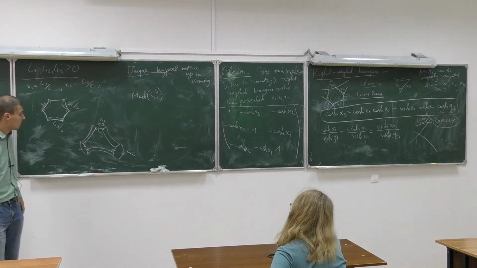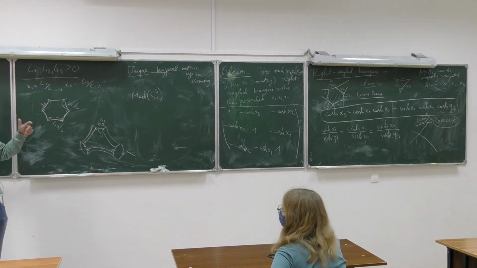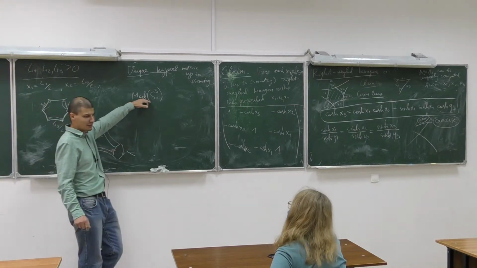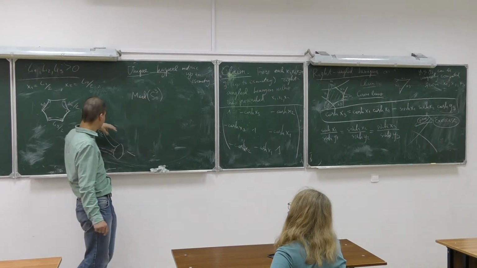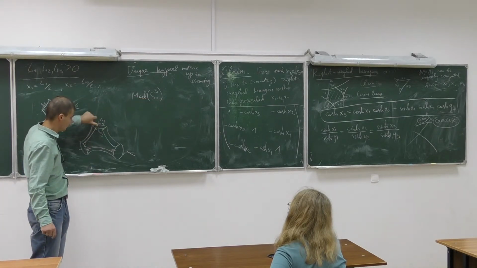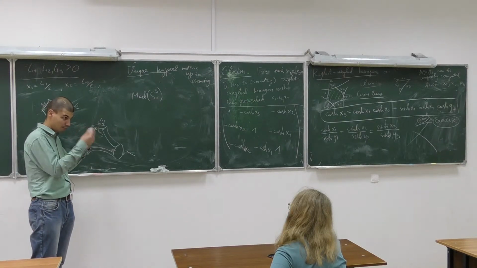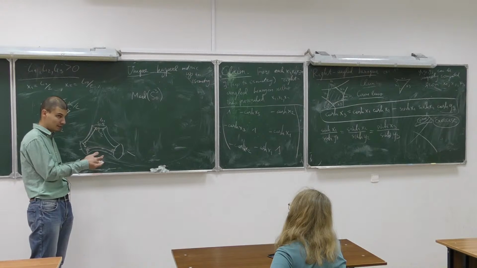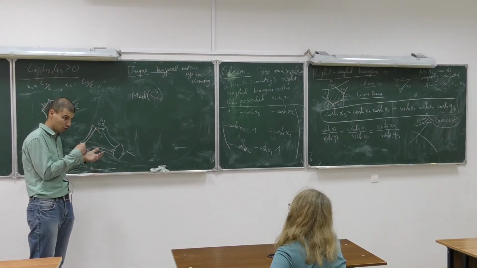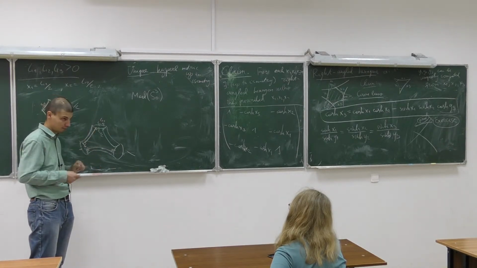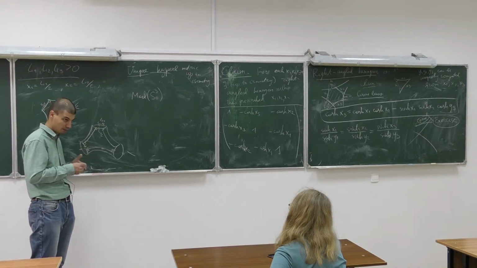In fact, it becomes trivial if we forget that we fix the boundary. So if we define the mapping class group considering all isotopies not fixing the boundary, then it becomes trivial. This is what we need.